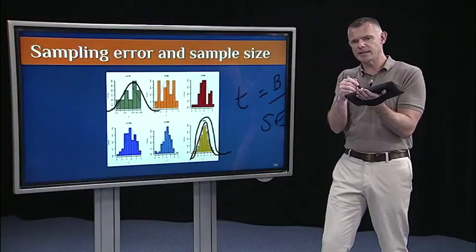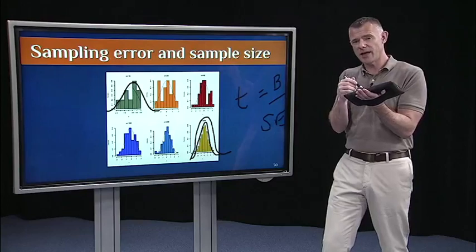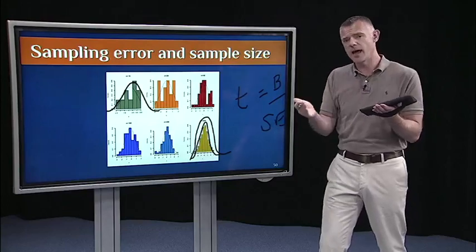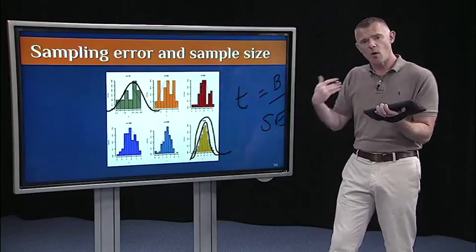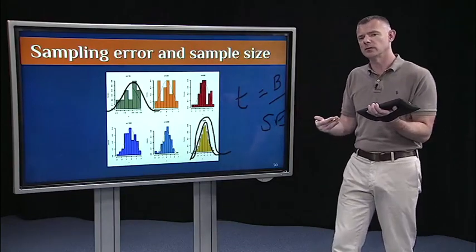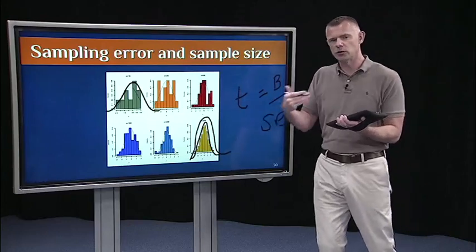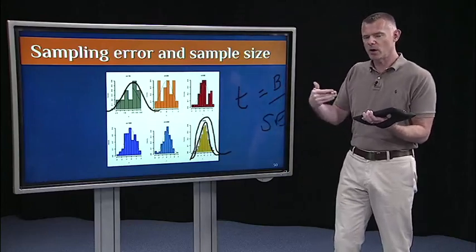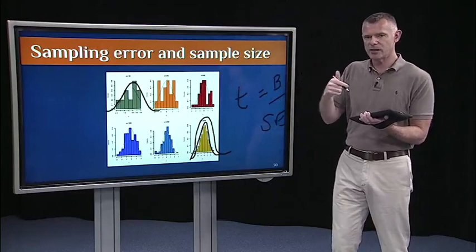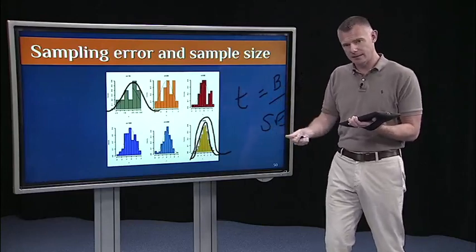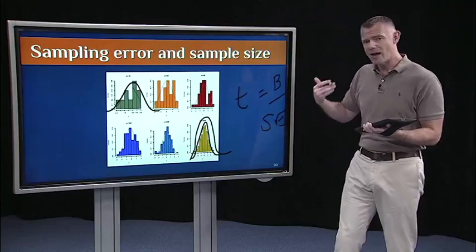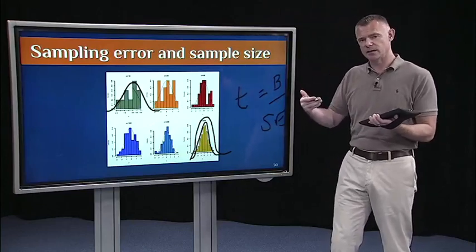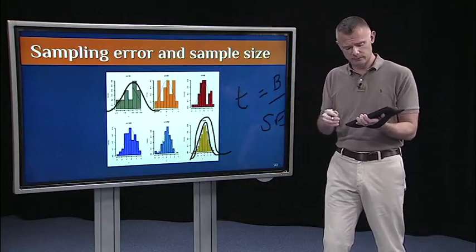I'll get a pretty high t-value, and a pretty high t-value will give me a low p-value, and I'll get something that's statistically significant. Okay? So it's important to try and obtain large samples to give yourself a chance to obtain a significant effect. But always remember that NHST in this whole process is biased by sample size, which is why I advocate following up NHSTs with estimates of effect size.